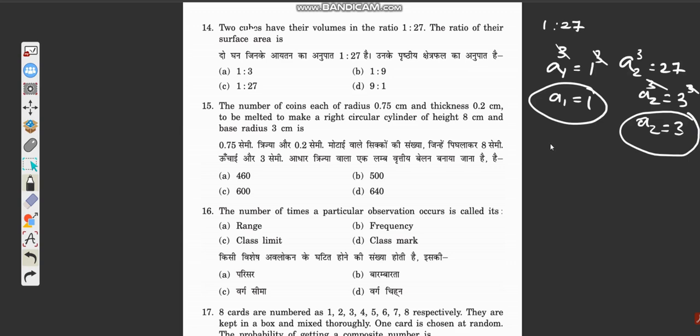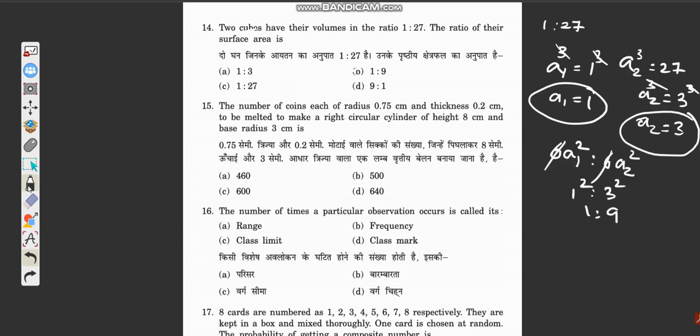Now surface area formula. Cube surface area is... here surface area only is given, so we can go for 6a square. For the first one 6a1 square, second one 6a2 square. 6 cancel. a1 square means 1 square, a2 square means 3 square. 1:9.